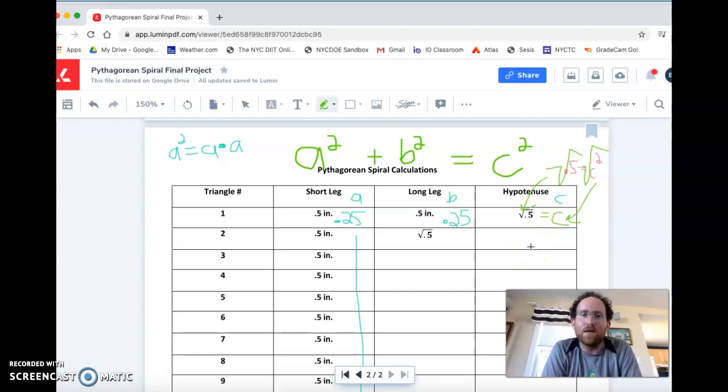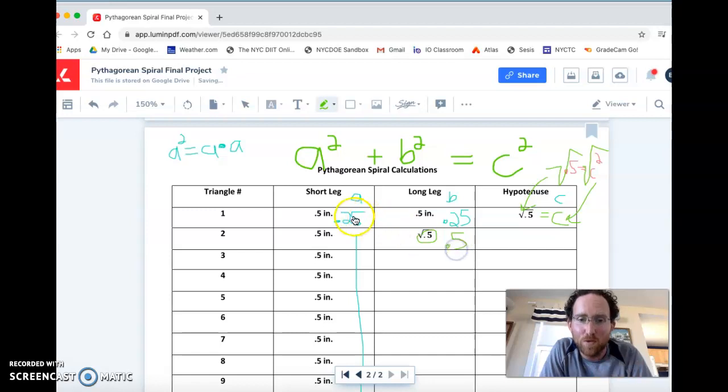But now how do we start finding the next parts? Well, a we know is 0.25 when we square it. B, the awesome thing about square roots is that if you square a square root, you get whatever is underneath it. So if I square the square root of 0.5, I get 0.5.